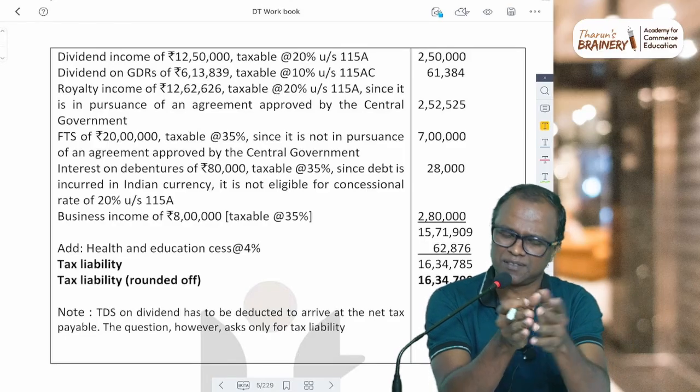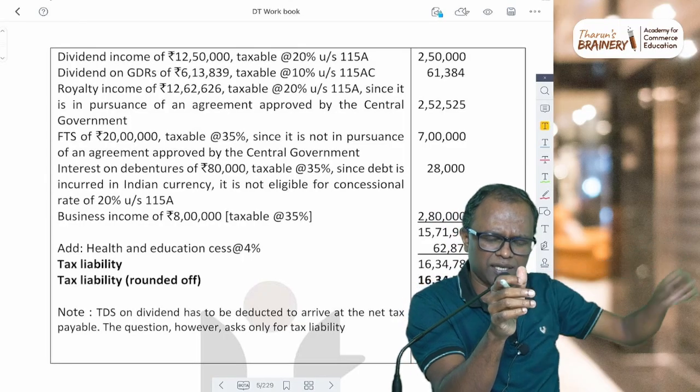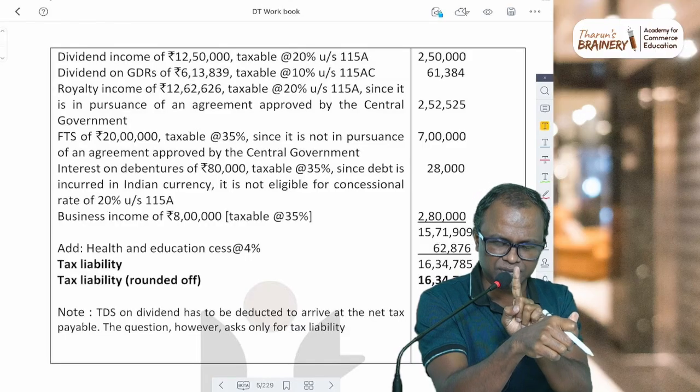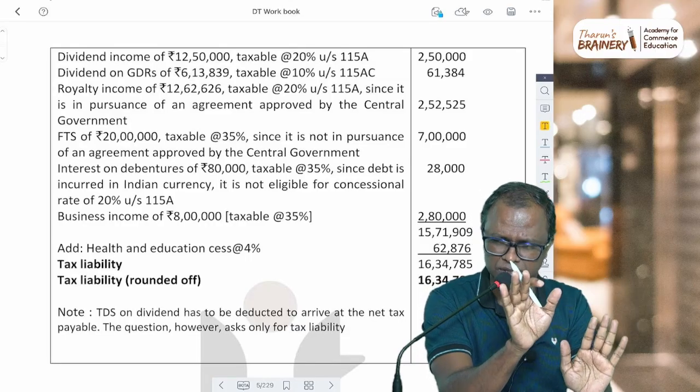But along with another non-resident taxation question, they can add adjustments from 115AB or AC. But 115AD will be an independent question, if they ask.